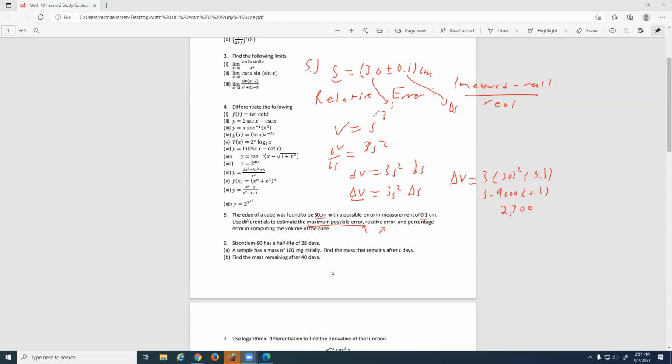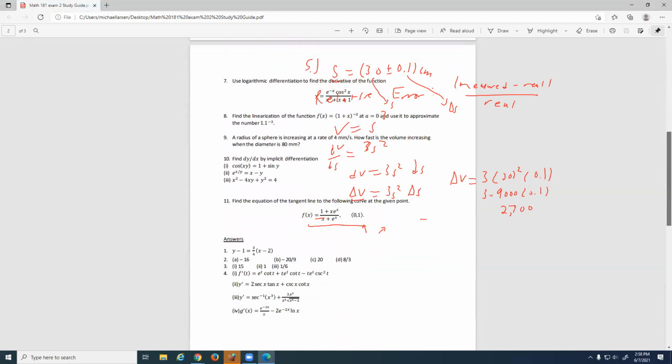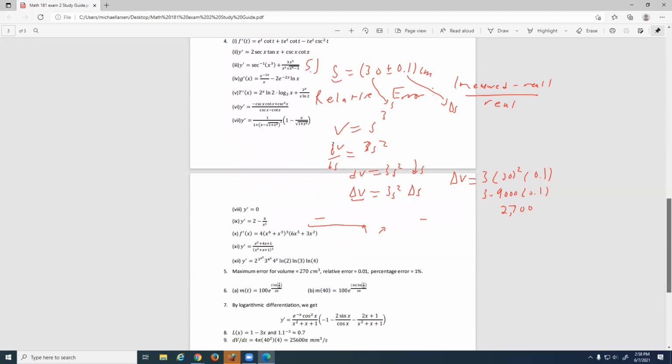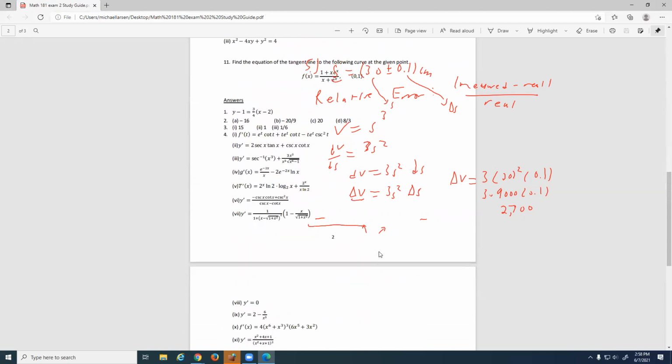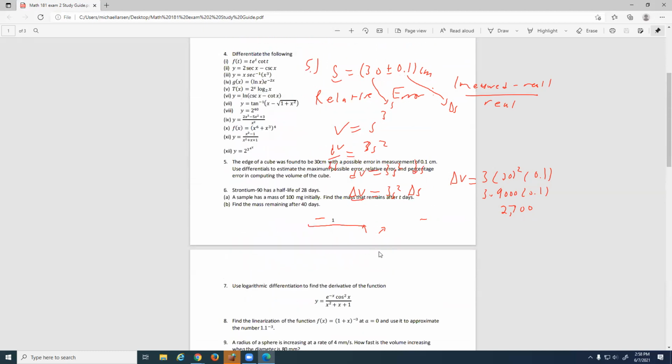Yeah. So now we just need to interpret what this delta V is. This delta V is going to be our uncertainty in volume. So I think this may correspond to maximum possible error. Let me double check the answer key and see if it corresponds to something else. Sorry about that. Oh, looks like we're off by a factor of 10. Wait, it looks like they got the relative error just for that.